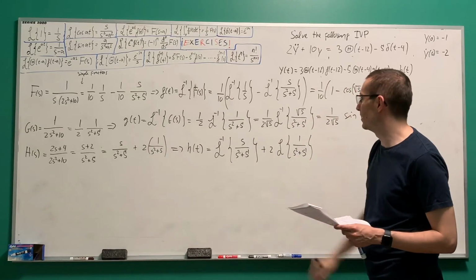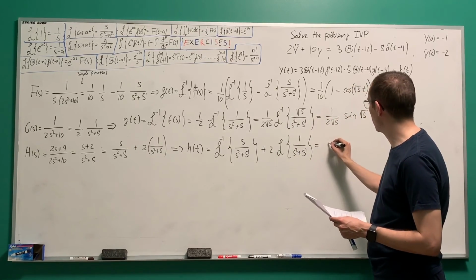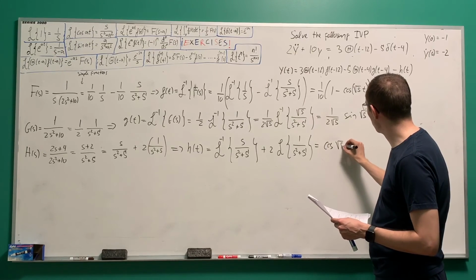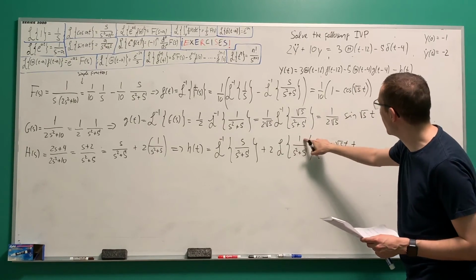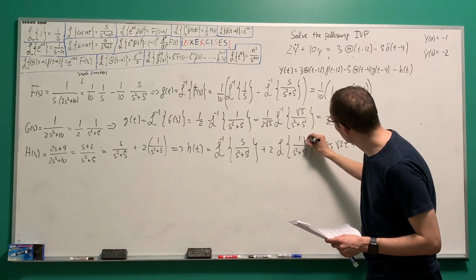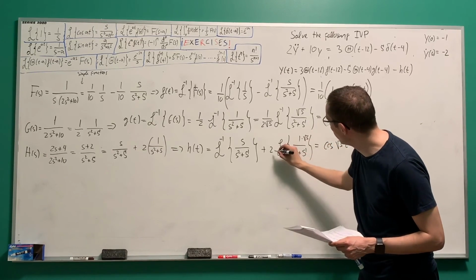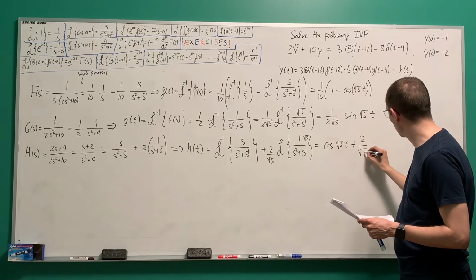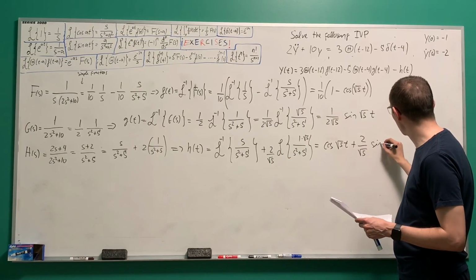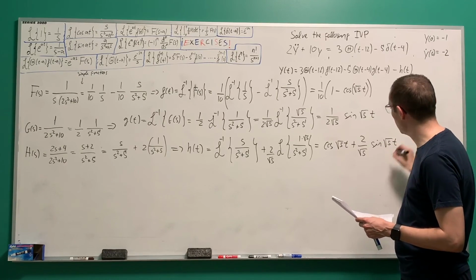Right, so this is clearly the cosine again. So I get the cosine of √5t plus 2, and again I multiply by √5 and divide by √5 to abbreviate. So I get 2 divided by √5 times the sine of √5t.